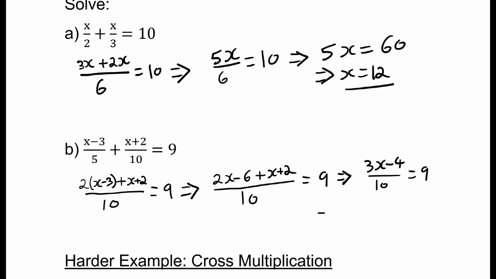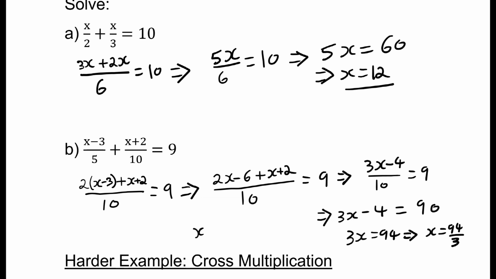I'm going to multiply both sides by 10, so I get 3x minus 4 equals 90. I'm going to add 4 to both sides, so I get 3x equals 94. And finally, we can divide both sides by 3. So we get x equals 94 thirds.